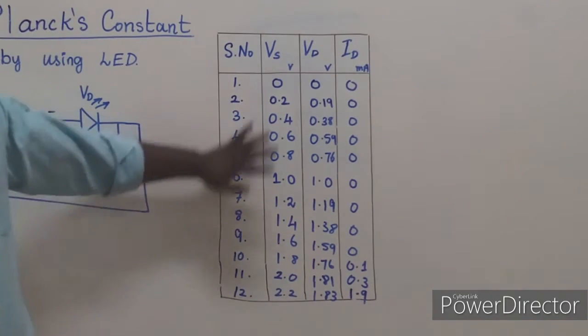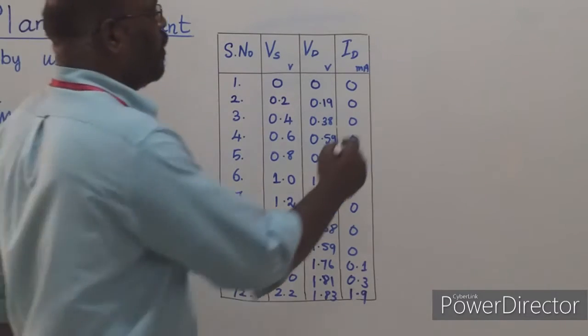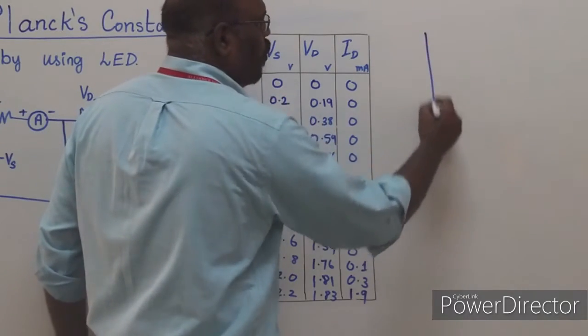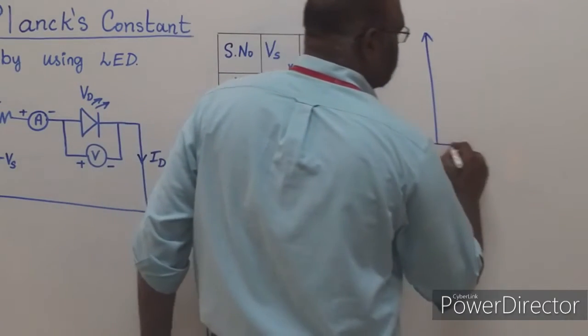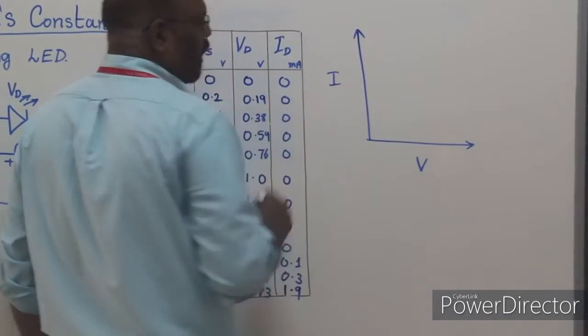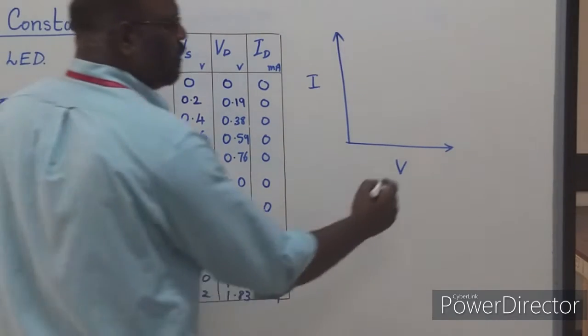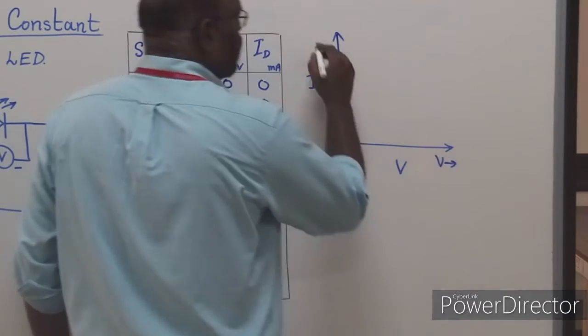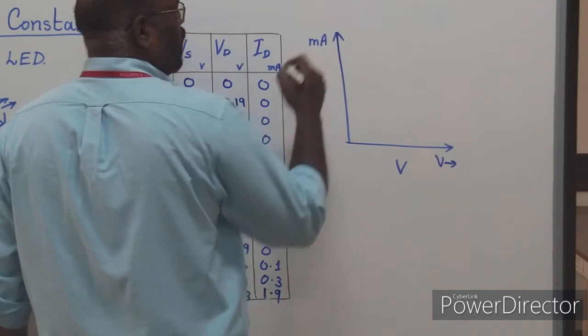If you plot it in a graph, you have to plot a graph between voltage and current I. Voltage in volts, current in milliamps.